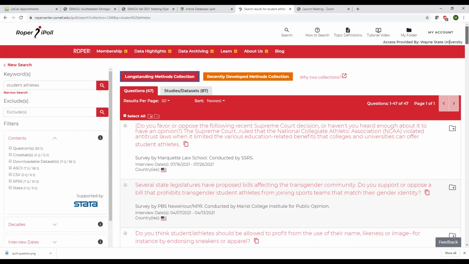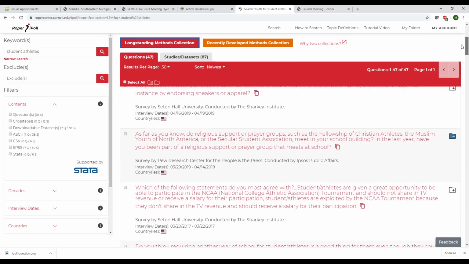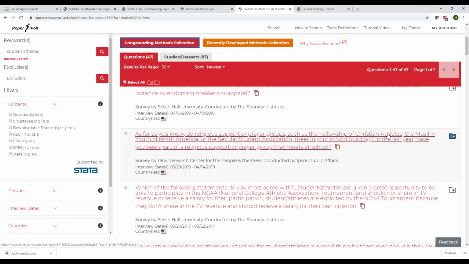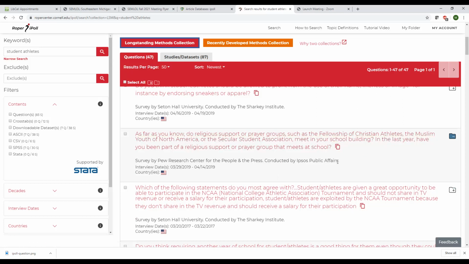I was looking this over, and I saw a question about religious support or prayer groups, and I wondered what this has to do with student athletes. But I realized it came up because the word athlete is listed as an organization that might be some kind of prayer group common on campuses. And then we have the word student here.